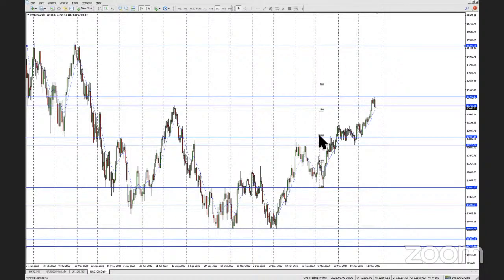If you look at an earlier target for the bulls, we had this lower high double top here, and it was tested, went sideways, then we broke above it. So the bulls have kind of got to the early target. Of course, being a bull, you want the higher target.